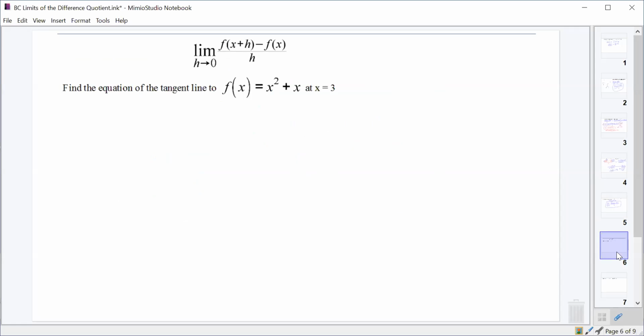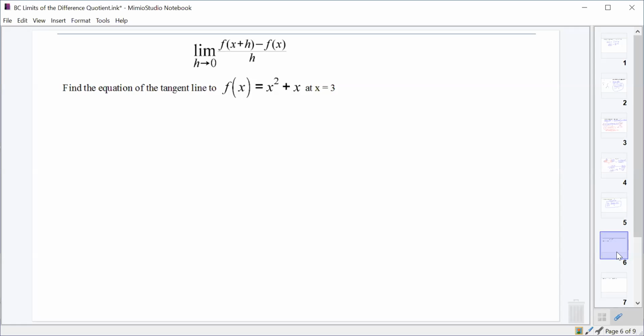So let's use that limit as h approaches 0 of the difference quotient to find the equation of the tangent line to this function x squared plus x at x equals 3. Now I know you can all do this by taking the derivative, but we're going to do it once or twice without the actual taking of the derivative before we start doing that in a few minutes. And we'll give you guys one short assignment where you need to use this limit definition to find derivatives.